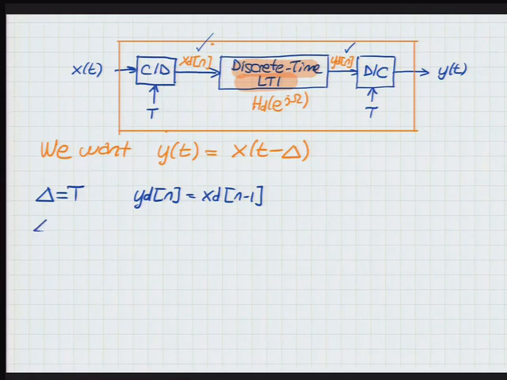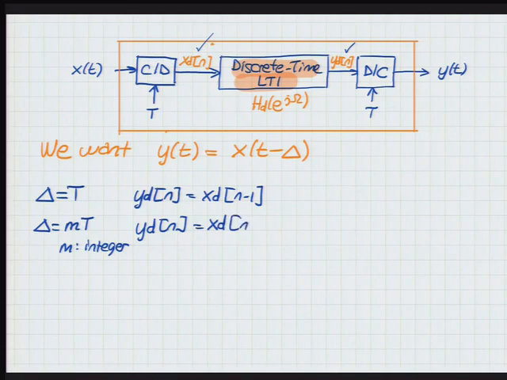What if delta is any integer multiple of T, some number m times T, where m is an integer? What would you do then? Then you would delay it by m units, m instants.